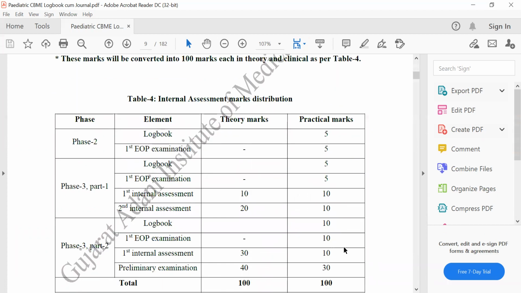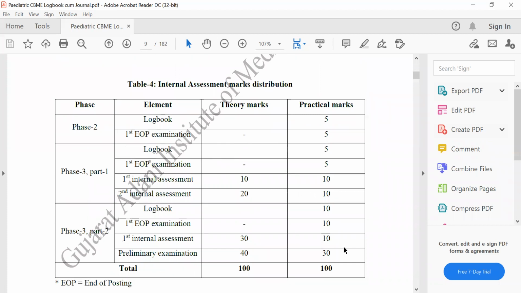So in this table, you can see how I have distributed the internal assessment marks. As we know, logbook is the eligibility criteria. Logbook submission is compulsory for appearing in the university examination. So for the logbook, we have to put minimum 5 marks, because it is the eligibility criteria.